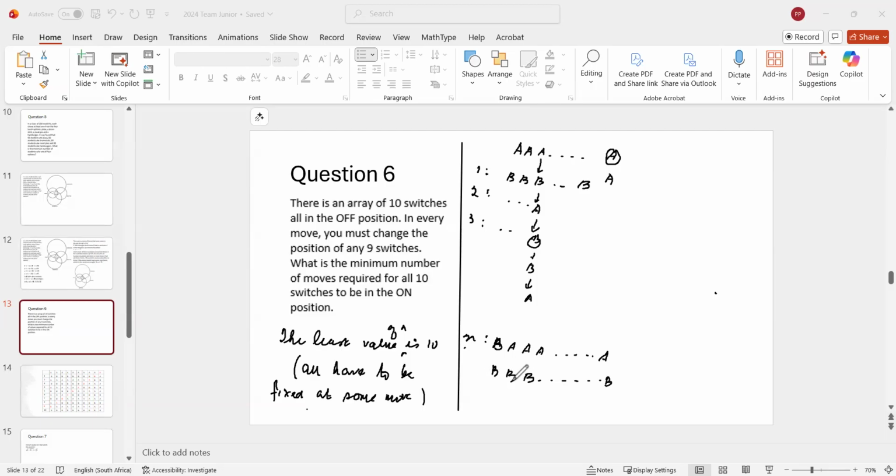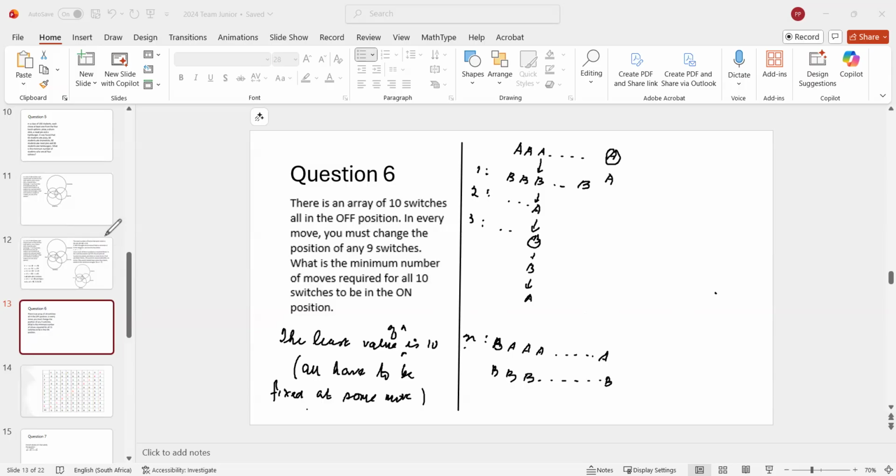To get to all B's, therefore your N will be 9. There are 9 moves. Your last position will be 10, but there is no move from this point. When I say move, I mean changing the 9 and keeping one fixed.